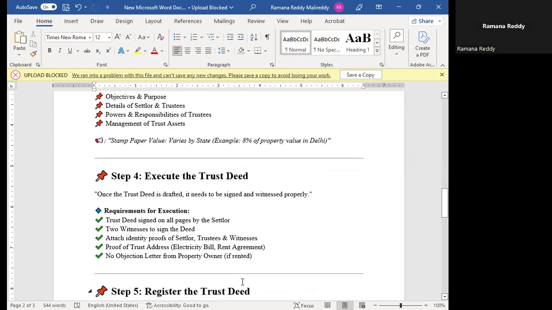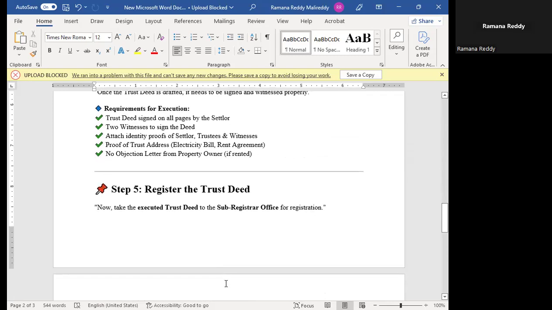Attach identity proofs of the settlor, identity proof of trustees, identity proof of witnesses, proof of trust address like electricity bill or rent agreement. Then NOC, no objection certificate from the property owner if it is rented.